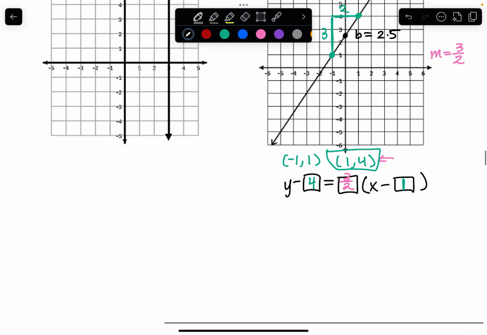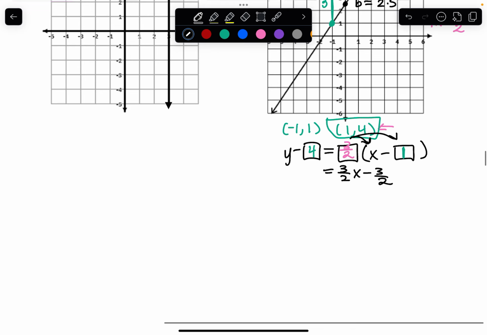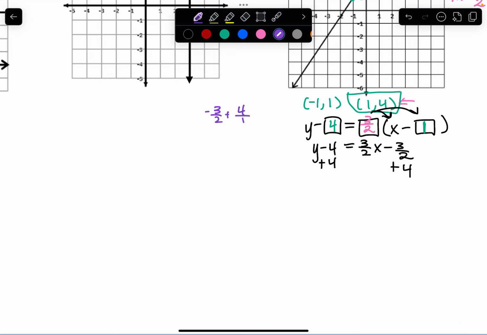Okay, I'm going to go ahead and convert it just so we can verify that the y-intercept is about 2.5. And so when I distribute the 3 halves, I get 3 halves x minus 3 halves. And then when we add 4 to both sides, we need to figure out what -3 halves plus 4 is.